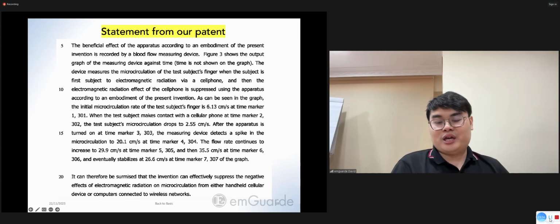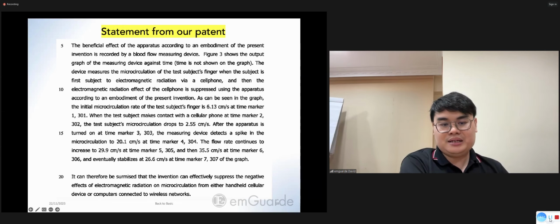Look at the first digit here, 6.13. As can be seen in the graph, the initial microcirculation rate of the test subject's finger is 6.13 centimeters per second. At time marker 2, when the test subject makes contact with a cellular phone, the microcirculation drops to 2.55.